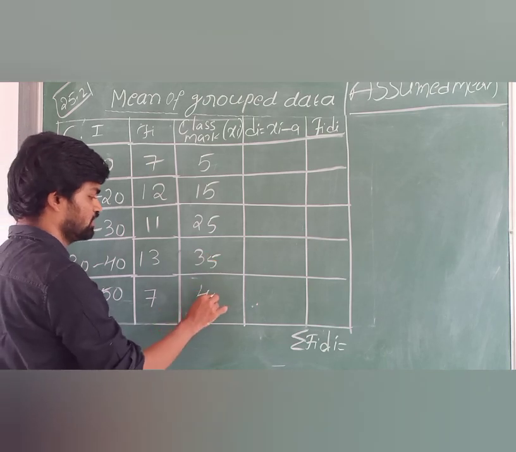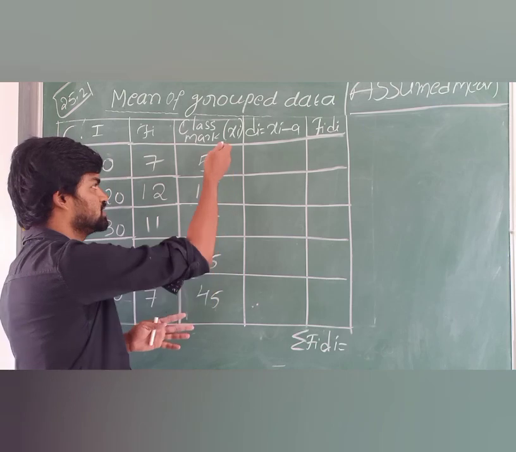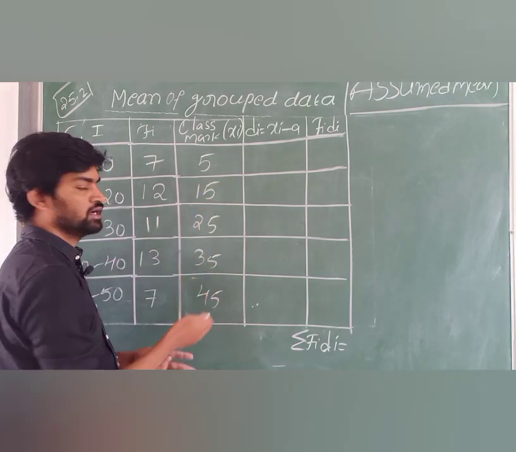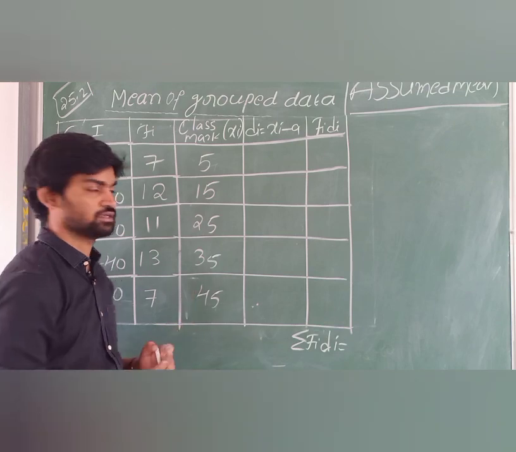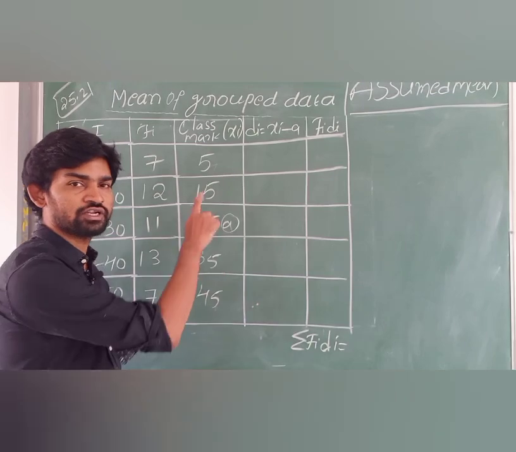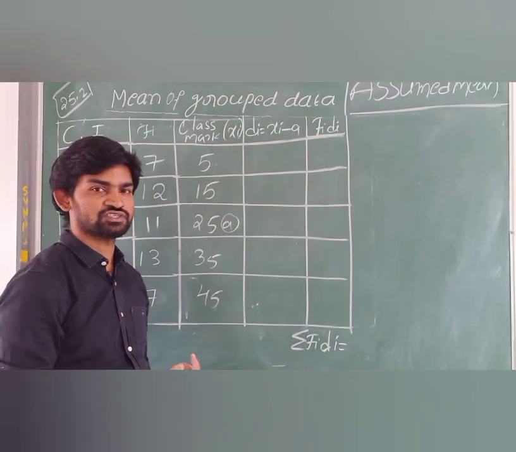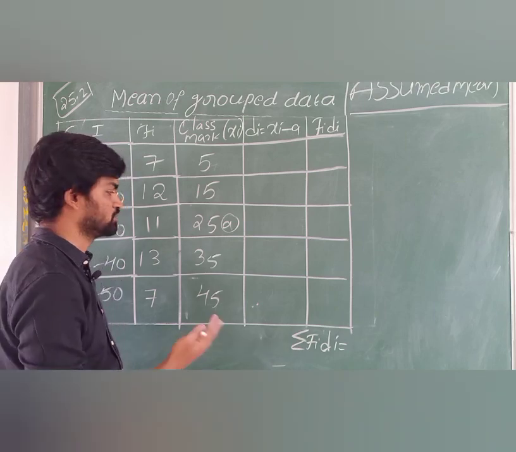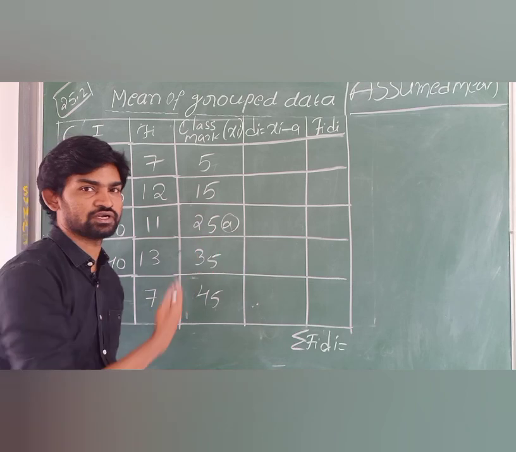Add 10, 45. Now in assumed mean method, in this xi column, take any one as the assumed mean, that is A. If you have an odd number of observations, you take the middlemost term. If it is an even number of observations, take the middlemost two, any one you can take.